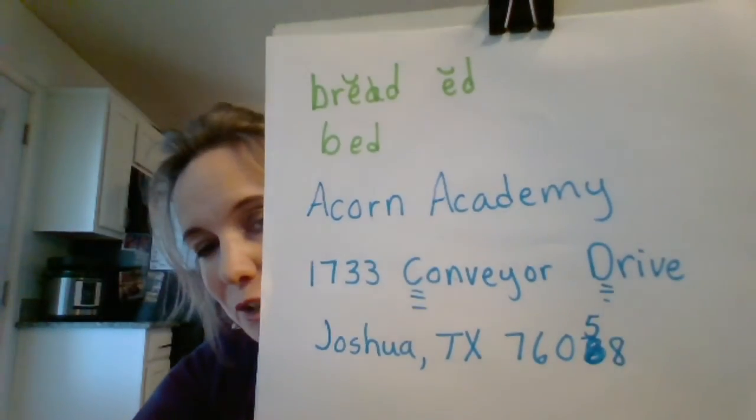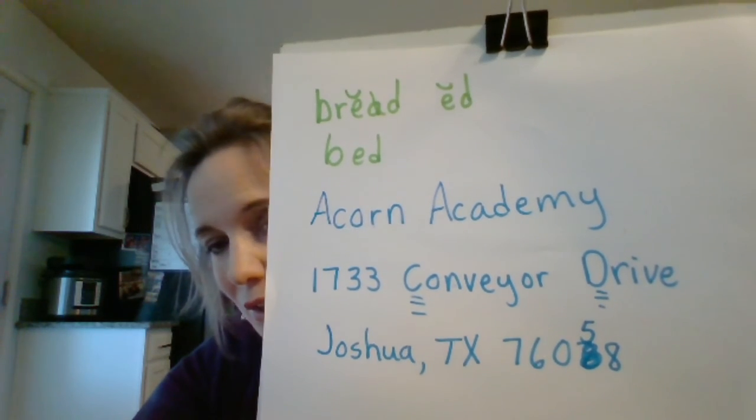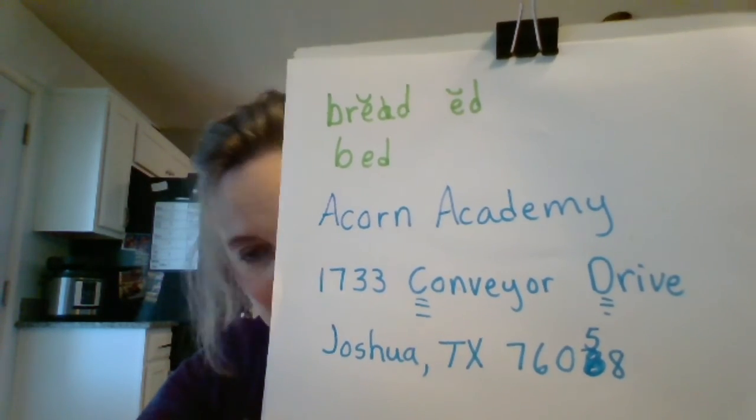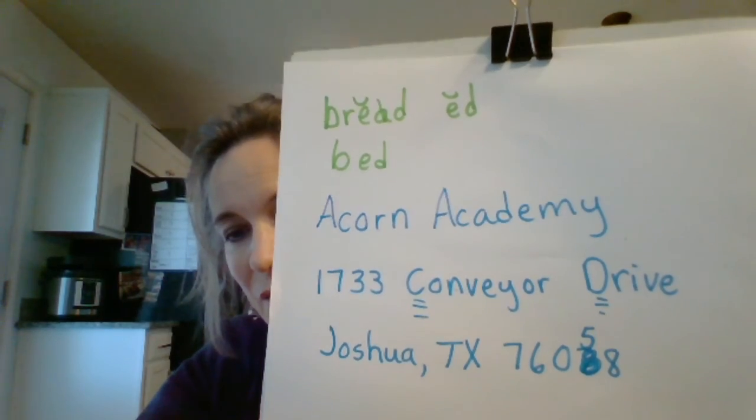And it says what city and state are you in? Do you know what city we're in? I know that you live in Burleson, but what city is our school in? And it says put the zip code. So I'm going to write the zip code down. Oh, no. I put Burleson zip code. All right. We are in Joshua, comma, TX. That's all you need for Texas. That's an abbreviation that is standard. 76058. So almost like Burleson, but a little different. Joshua, Texas, 76058. All right.